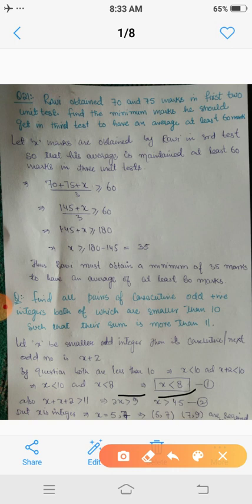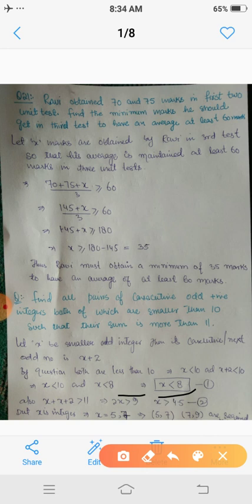So we have to consider the first inequality and the second inequality together: x less than 8 and x greater than 4.5, but x is an odd integer, and 4.5 is not an integer. Now the nearest integers which are odd and greater than 4.5 are 5 and 7. So 5 and 7 are the required odd values which are greater than 4.5 and less than 8.